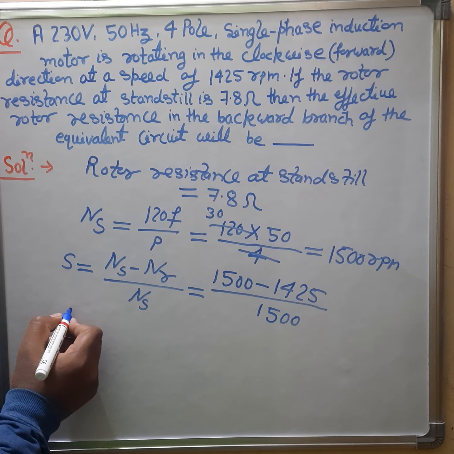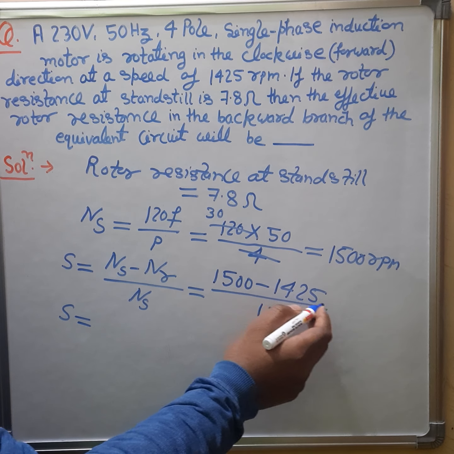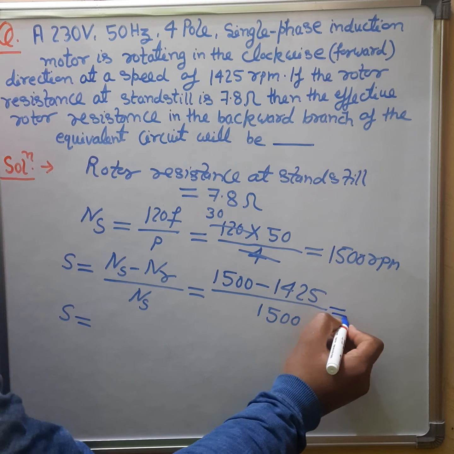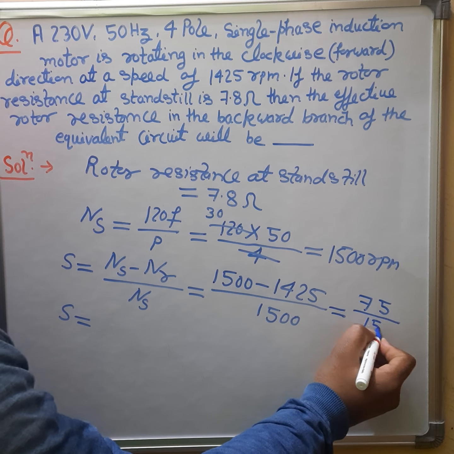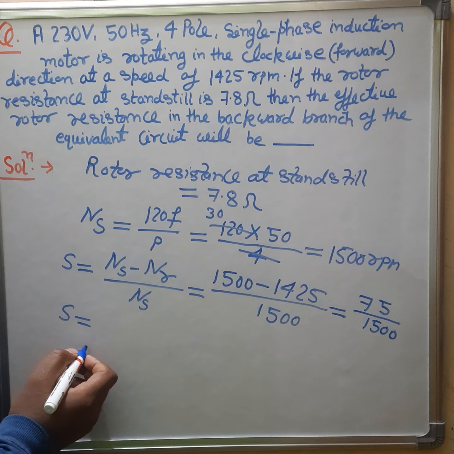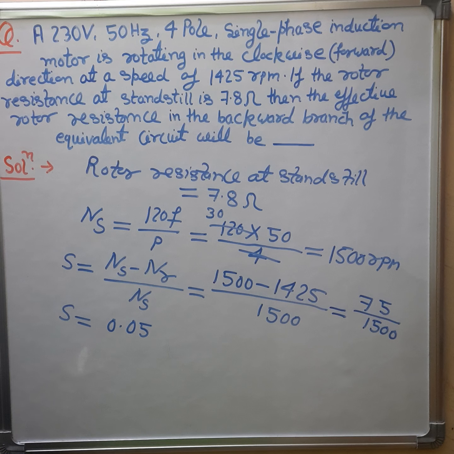Then slip is equal to 1500 minus 1425, which becomes 75 divided by 1500. Then slip is equal to 0.05. This is the value of slip.